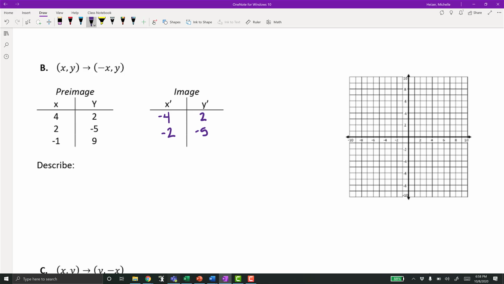X is -1, so opposite of -1, positive 1. And then y is 9. So that's my table. Now I need to graph it. -4, 2, -2, -5, and 1, 9.